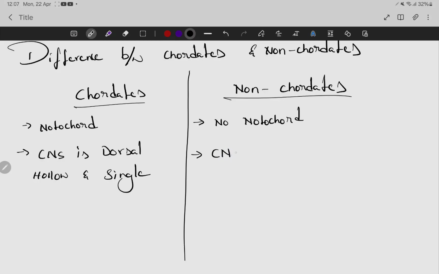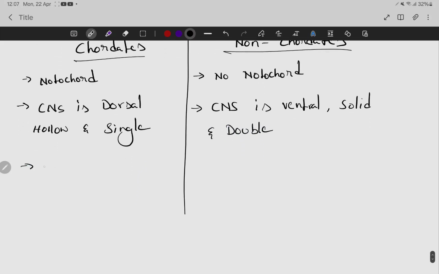In non-chordates, CNS is ventral, solid, and double. Pharyngeal gill slits present in chordates.